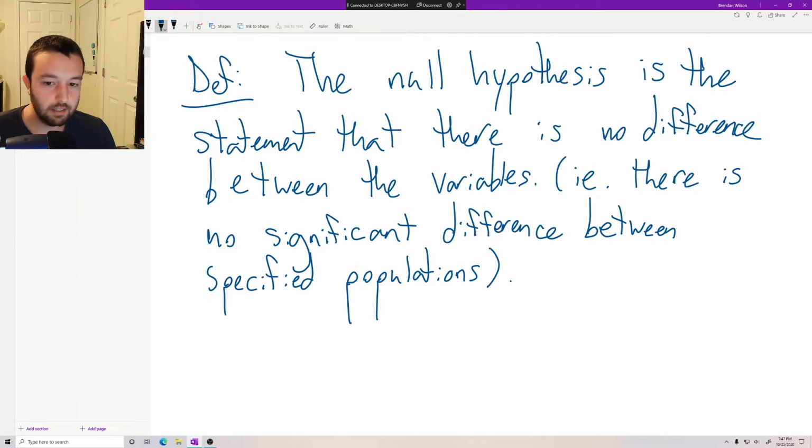So we're basically saying that the probability is extremely low that there is a difference. Okay, so it's in terms of probabilities that we mean this.